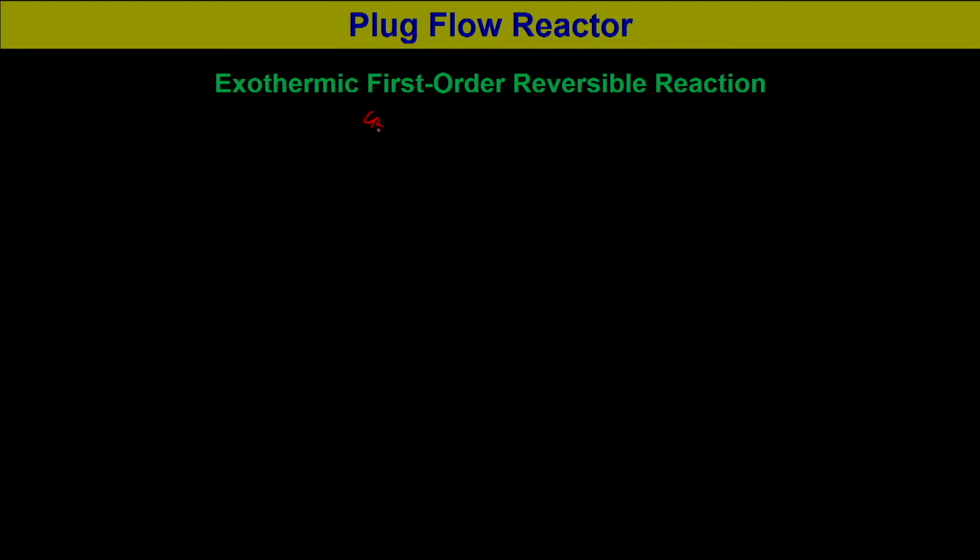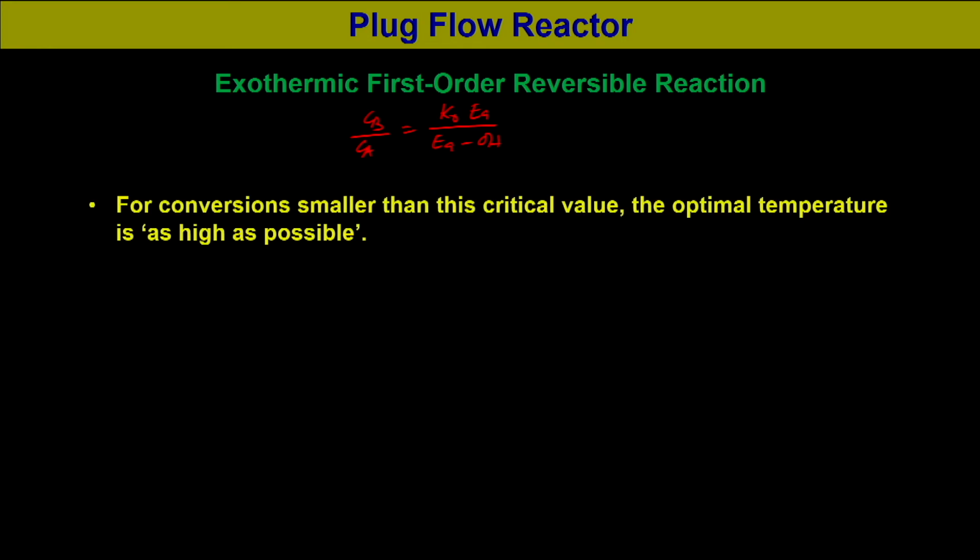So, C B by C A is equal to K naught E A divided by E A minus delta H. For conversion smaller than this critical value, the optimum temperature is as high as possible.